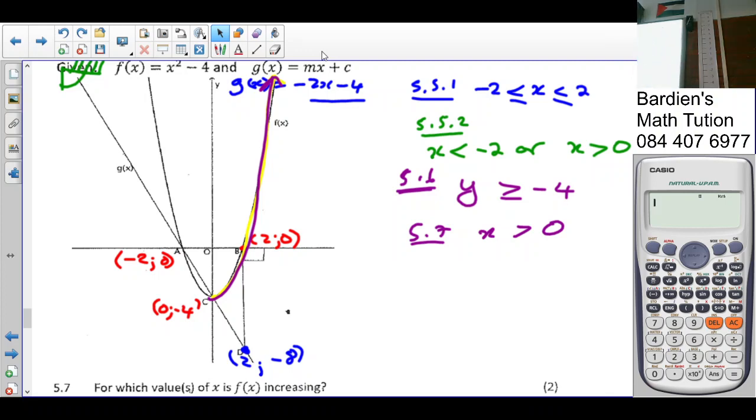Any confusion? What if the question was, what is the minimum value of this graph? Negative 4. Good. What if the question was, what are the coordinates of the turning point? What is the equation of the axis of symmetry?